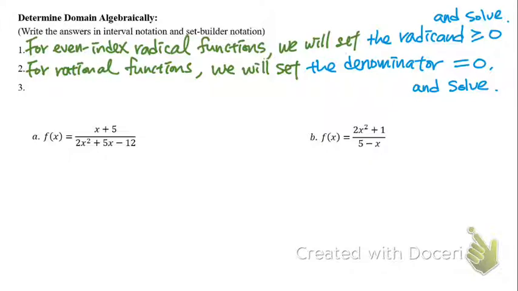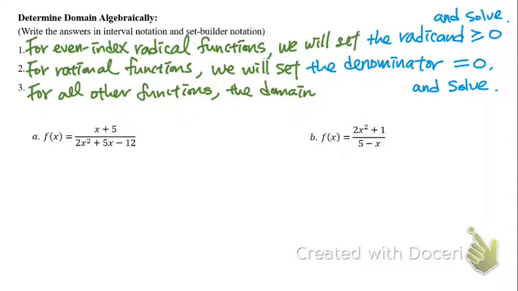So what we're going to say right here is, for all other functions, instead of listing all the functions that have a domain of real numbers, we're just going to list the 2 that we have to solve algebraically, which are the even index radical functions and the rational function. For all other functions, the domain is all real numbers.